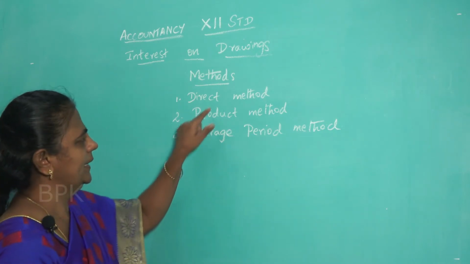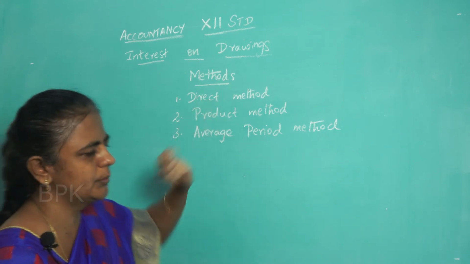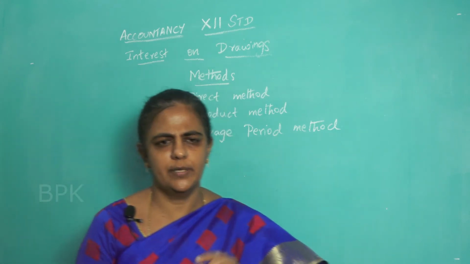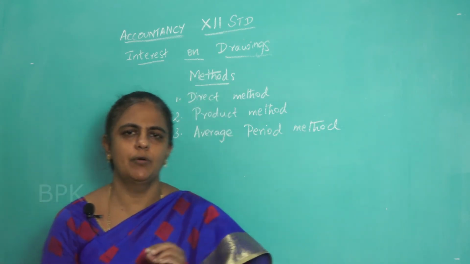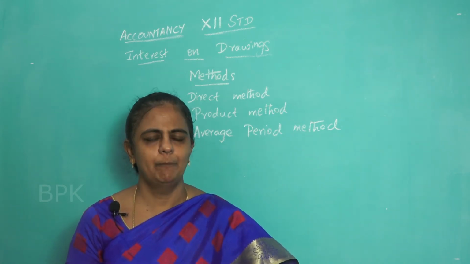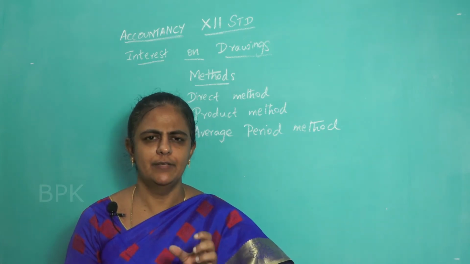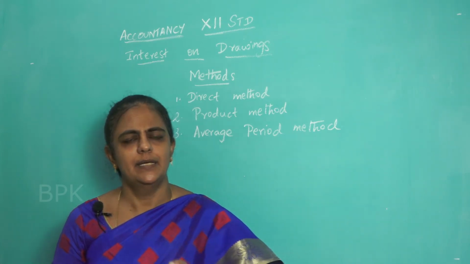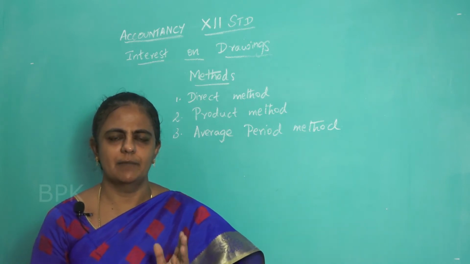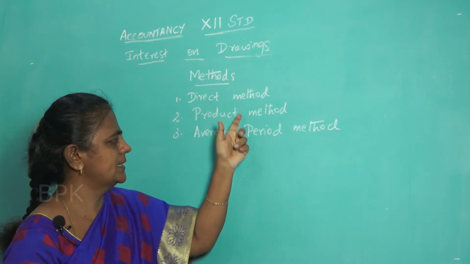In direct method and product method, you take the amount of drawings, then you take the rate of interest, and then the period of withdrawal, that is, for how many months the money has been withdrawn from the business. Both the methods use the same formula.